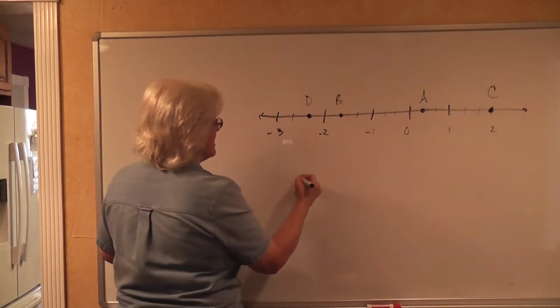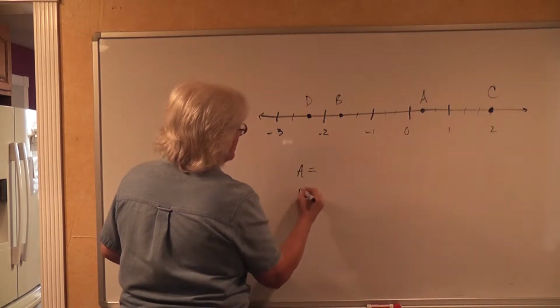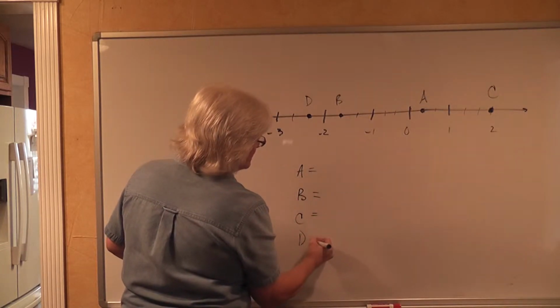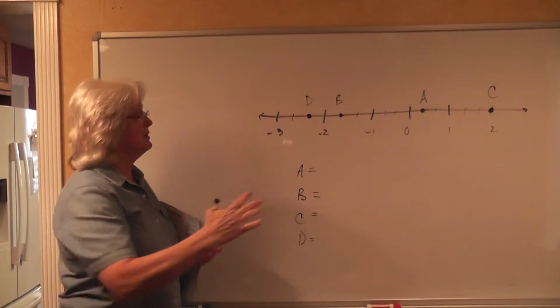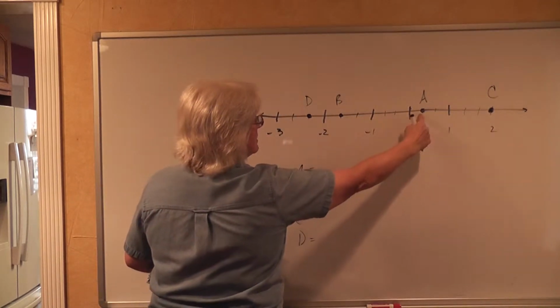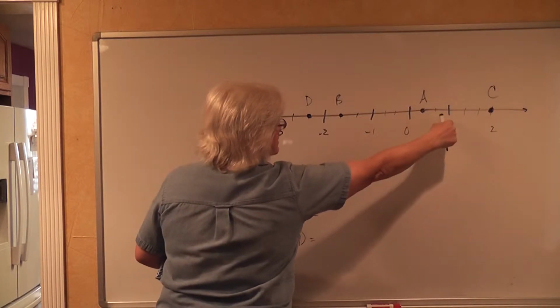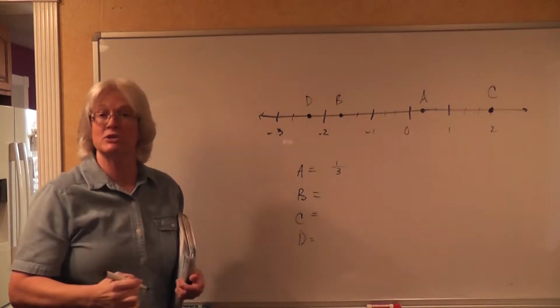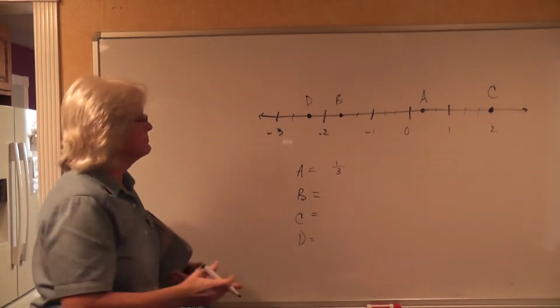So, what is A going to be equal to? What does B represent? What does C represent? And what does D represent? Well, when we have this divided into thirds, we have 0, 1/3, 2/3, and 1. So A is the rational expression, or the rational number, 1/3.